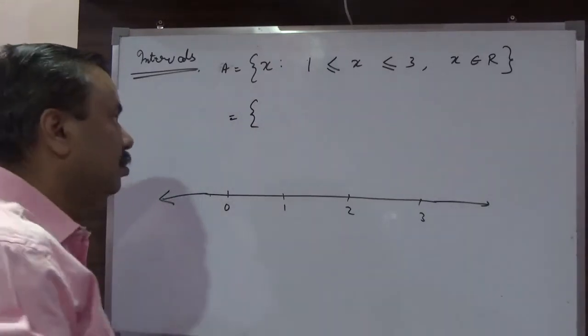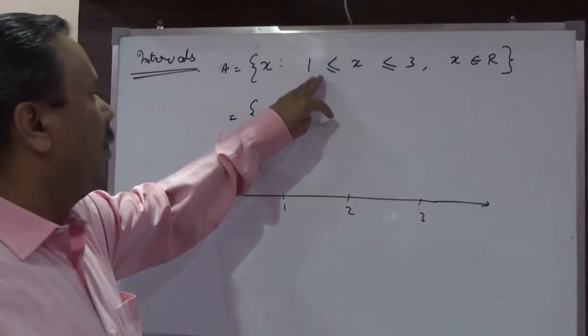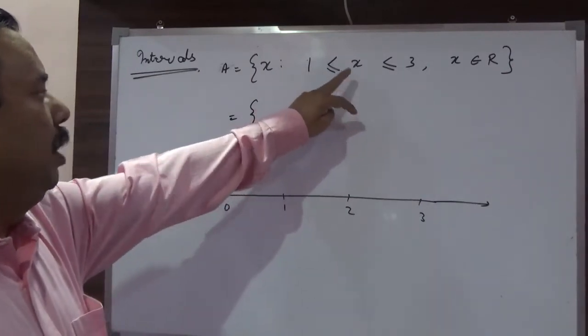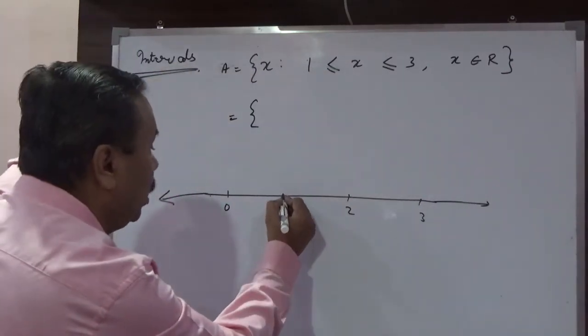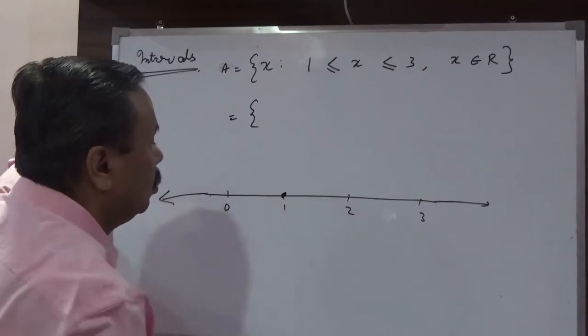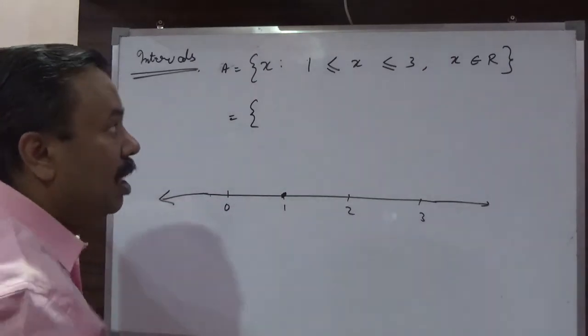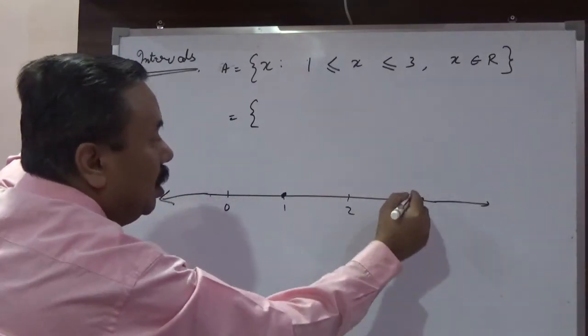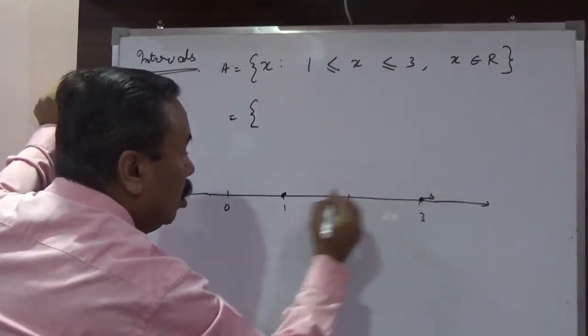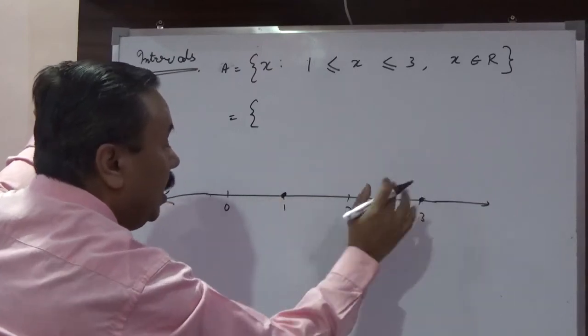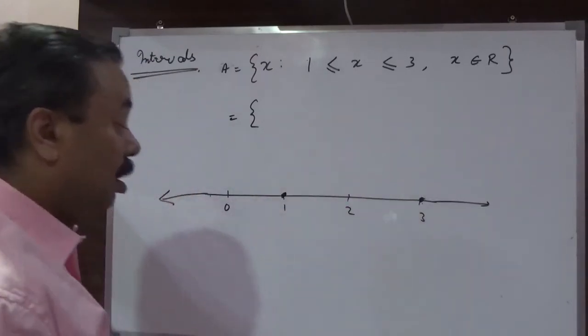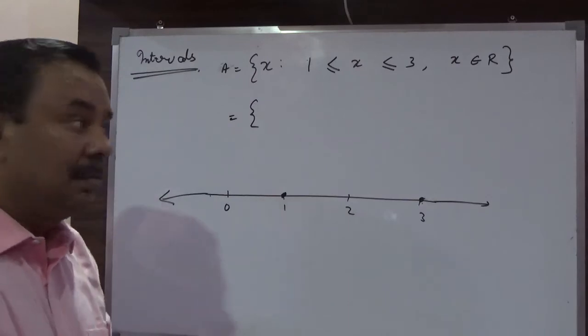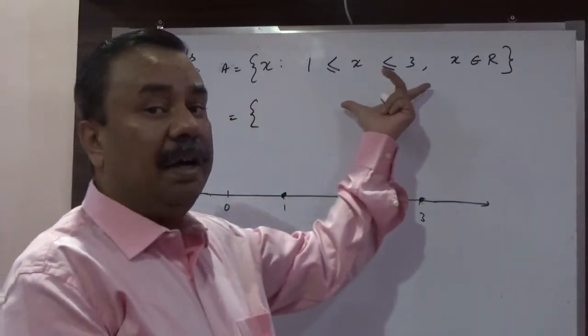If it says 1 is less than or equal to X, it means X can take the value of 1 also. Similarly, it can take the value of 3 also, and it will not go beyond 3. So there is a limit to this. The endpoints are limited.